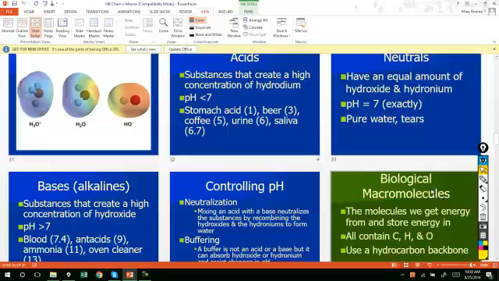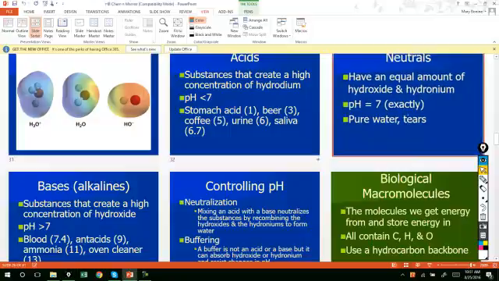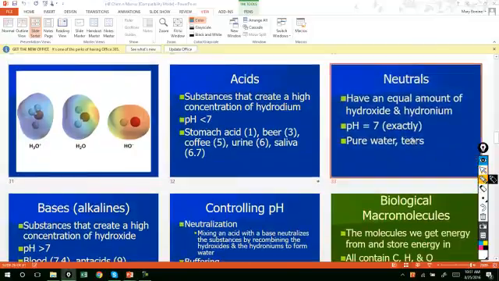Our neutrals are neutral because they have a balance of hydroxide and hydronium. So they should have a pH of exactly 7. Things like pure water. Most tears are not actually perfectly neutral. But salts are perfectly neutral because when they split, they are typically not acidic or basic.